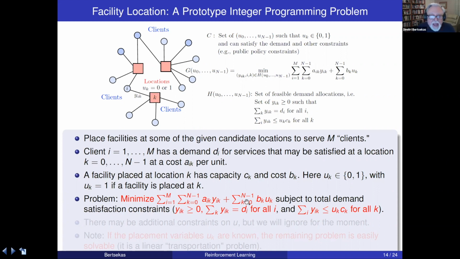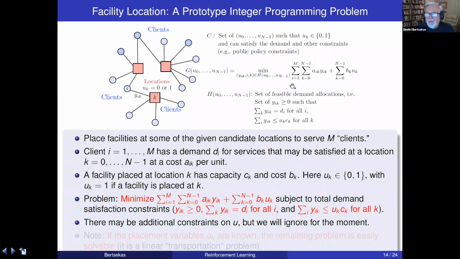Okay, so this is the classical version of the problem, but we can make it even more difficult. There may be additional constraints on U, but we will ignore them for the moment. But let me give you an idea of what these additional constraints can be. Okay, let's go back here.